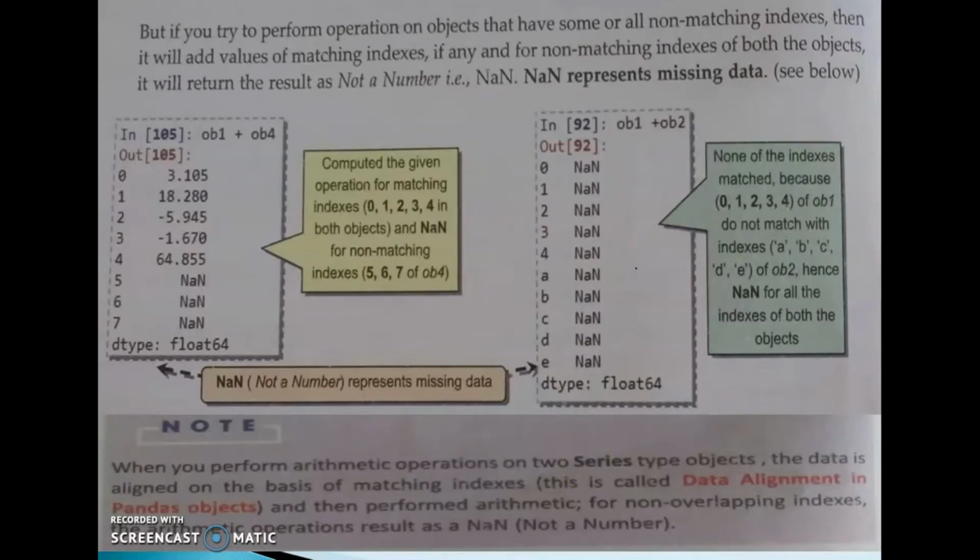For non-overlapping indexes, the arithmetic operations result as NaN, not a number. Clear? NaN, not a number, that is missing data. If the series objects have the same indexes, then only we can perform the operations. For non-matching indexes, we will get the NaN value.